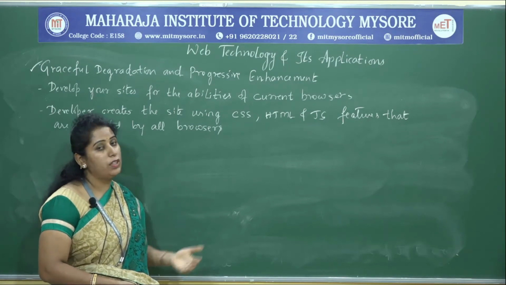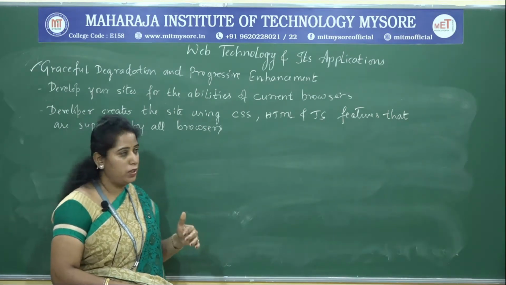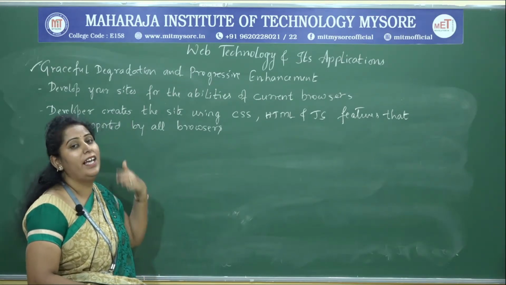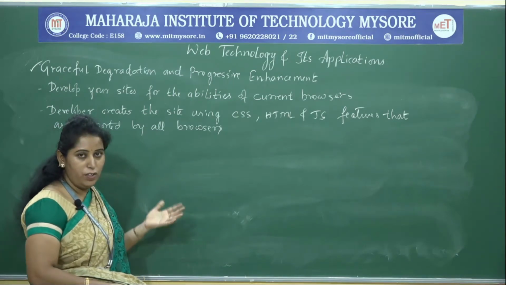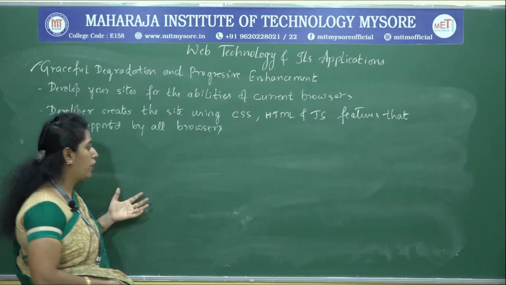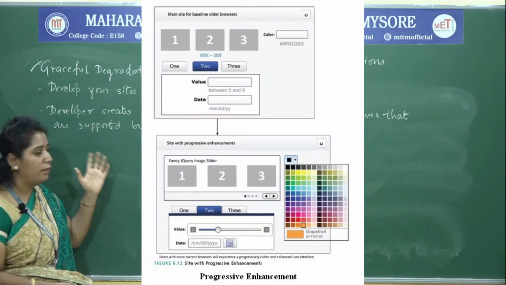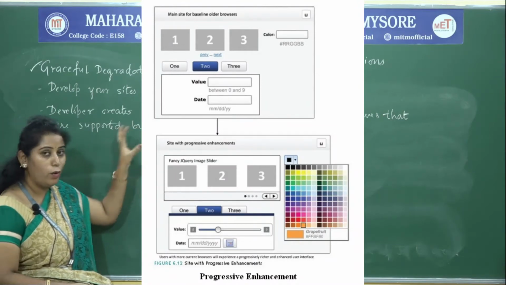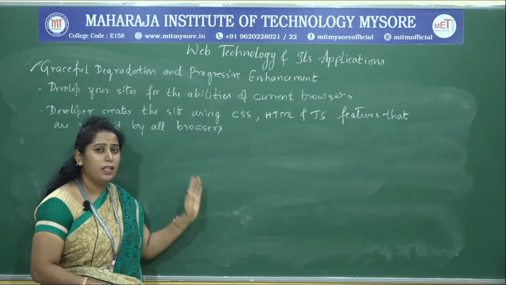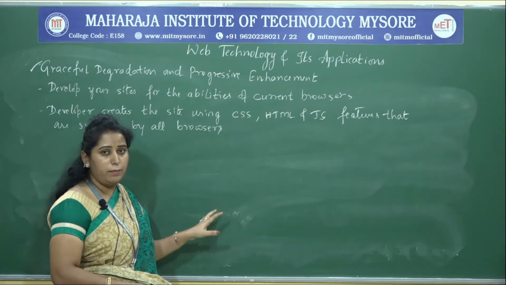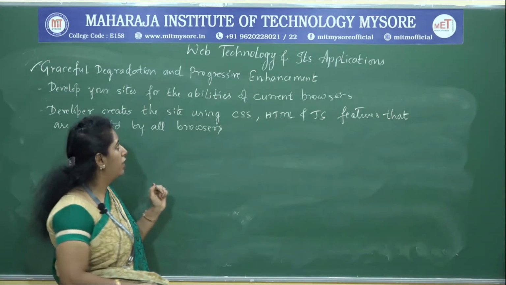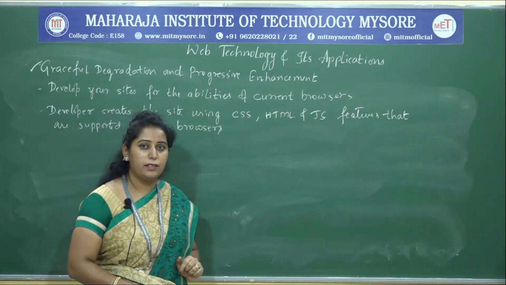And if the user is using the current, new browser, the same site is going to be progressively enhanced in visuality. That is progressive enhancement. Now you can look into the figure where the main site is displayed using the older browser and the same site is displayed using the current, newer browser. That is progressive enhancement.